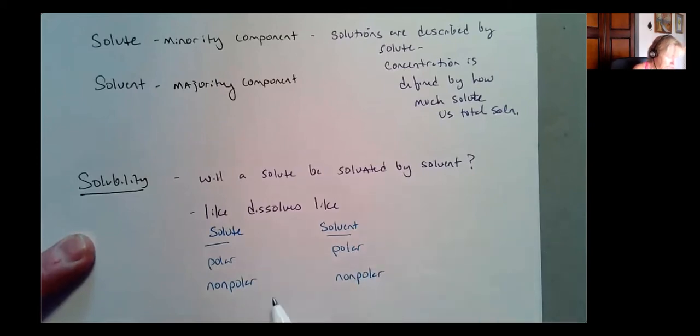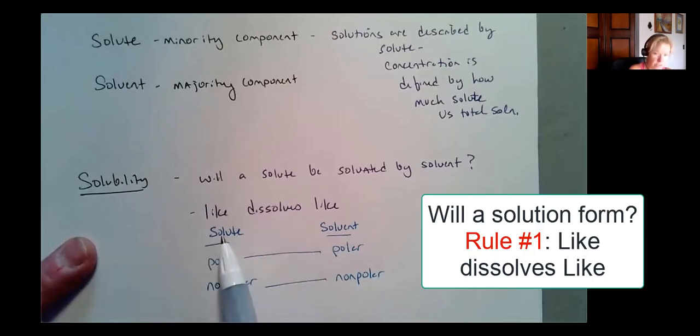So I'm not going to take a non-polar solute and try to get that to go into solution with a polar solvent. And I'm also equally not going to take a polar solute and try to get that into solution in a non-polar solvent. And so when you're thinking about making solutions, you want to make sure that you follow this general rule, like dissolves like, and then go from there.